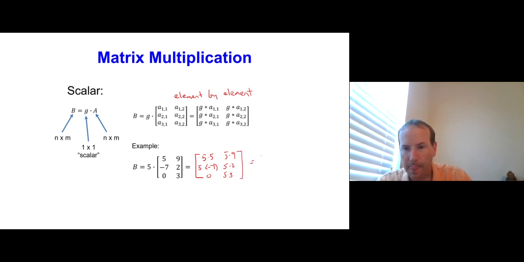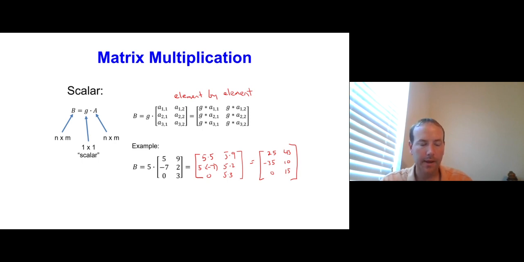Okay. And then that's going to give us 25, 45, -35, 10, 0, and 15. Okay, so that's how we multiply a scalar value times a matrix.